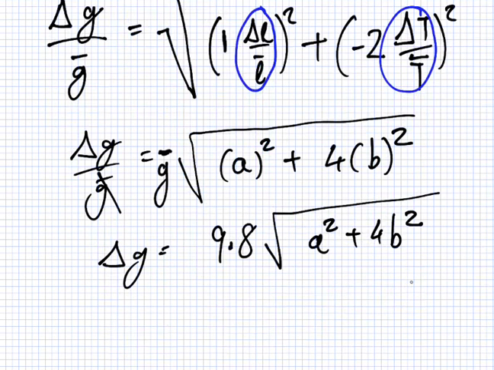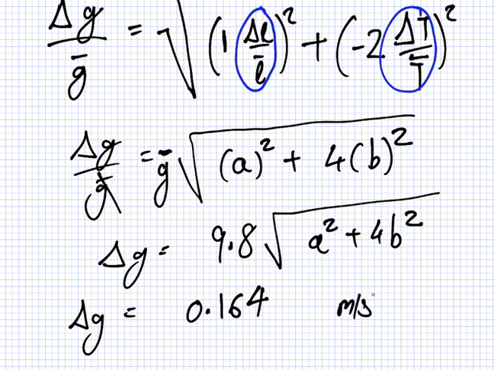Can you tell me what that number is, please? 0.164. Okay, good, that's not so bad. We can say G is 9.8 plus or minus 0.164.